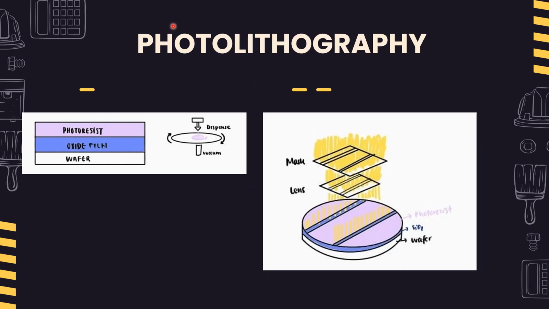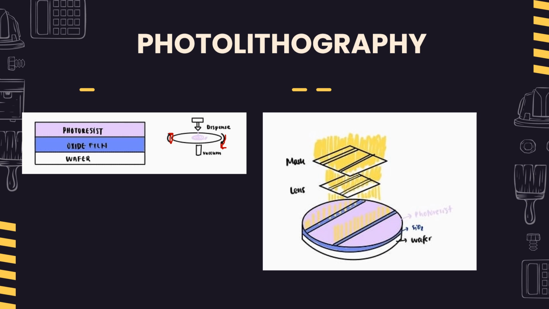So here are the two processes drawn. Firstly, we have the application of the photoresist. Basically, we have here a rotating device, which is our wafer, which is rotating, and then the dispense of the photoresist substance onto the wafer.